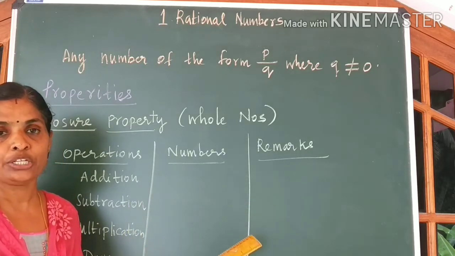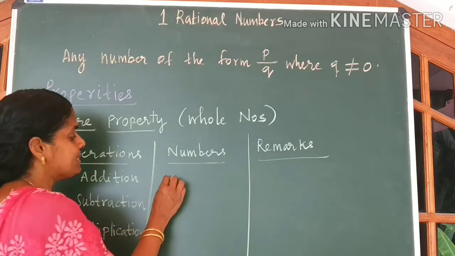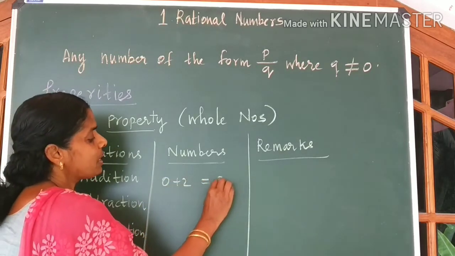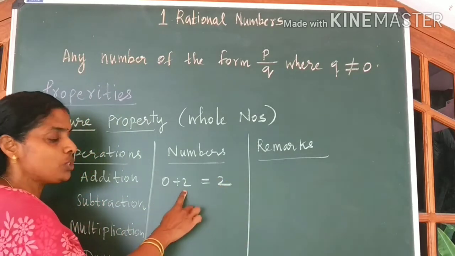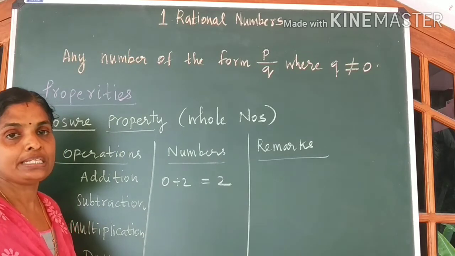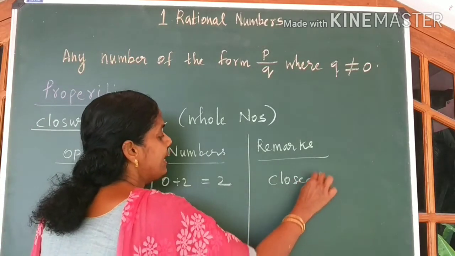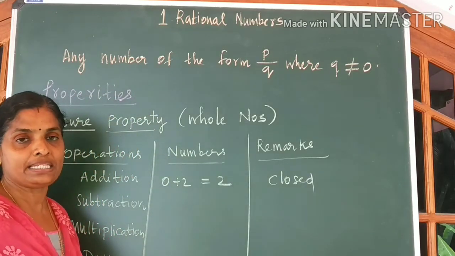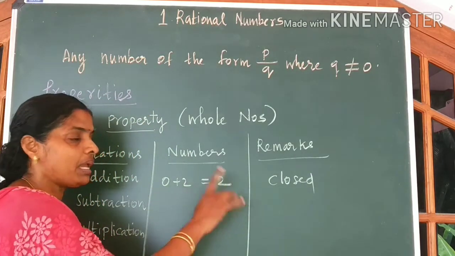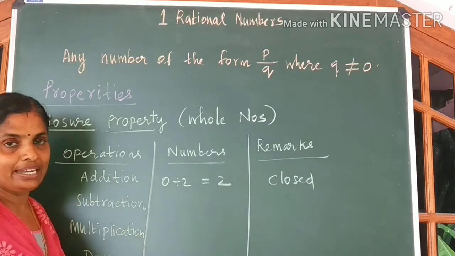Let us consider 2, another whole number. Let us add the 2 numbers. 0 plus 2 is equal to 2. By adding two whole numbers, you get another whole number. For any two numbers a and b, a plus b is a whole number. So we say whole numbers are closed under addition.